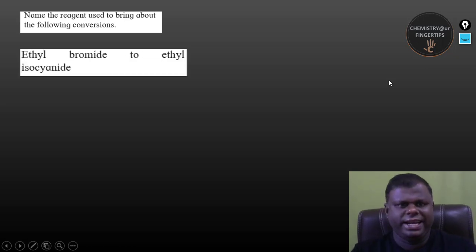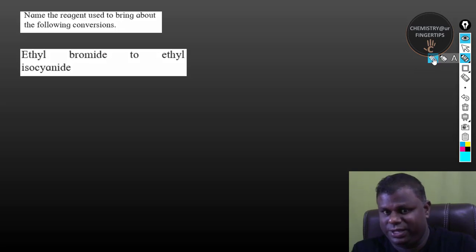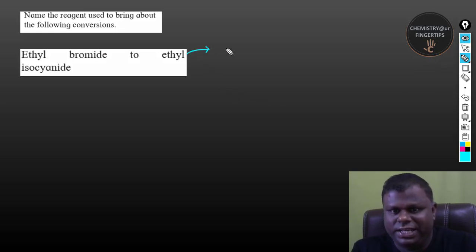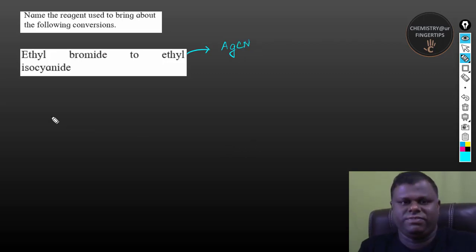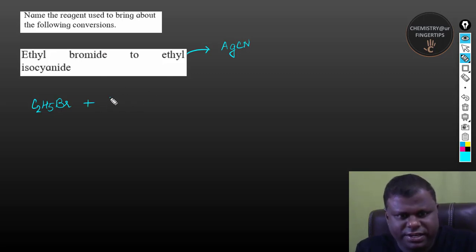Now let's move on to the next part, ethyl bromide to ethyl isocyanide. Here it's going to be an isocyanide route, so you are supposed to know that the reagent is an alcoholic solution of silver cyanide. You can write C2H5Br plus AgCN.